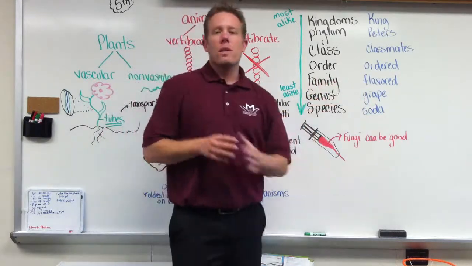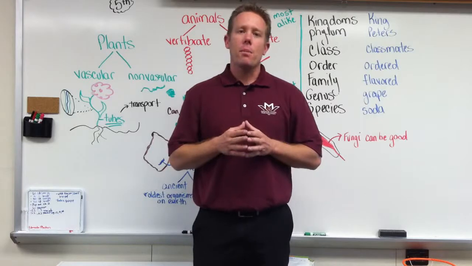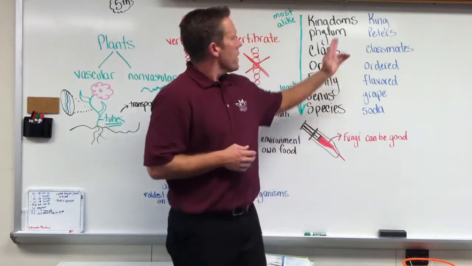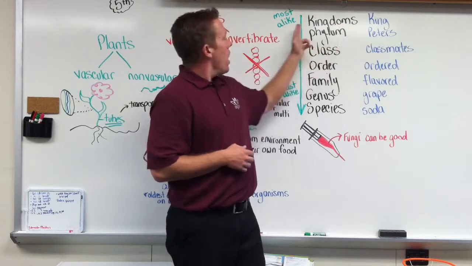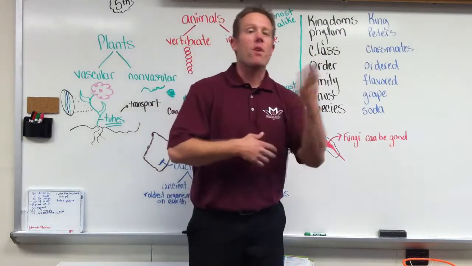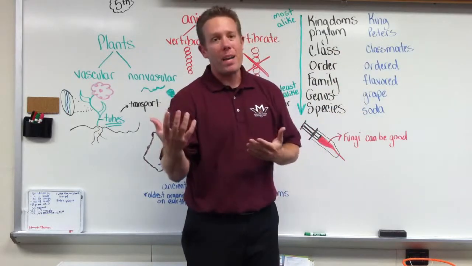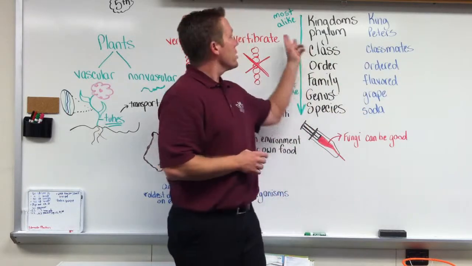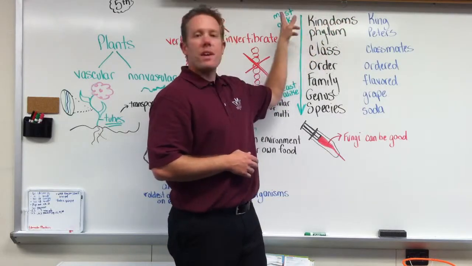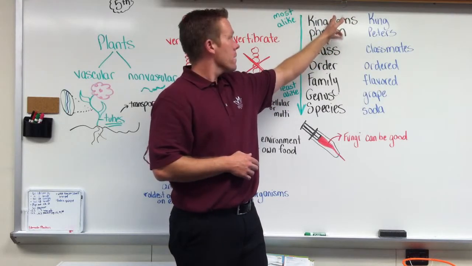You also need to know that science categorizes animals by what are called kingdoms. Animals that have the most in common, everything from a horse to a spider, are going to be in the kingdom classification or category.